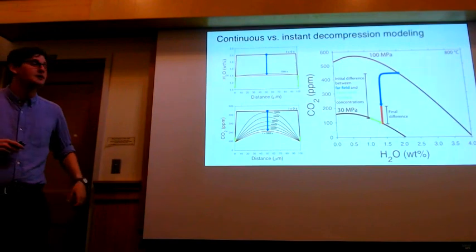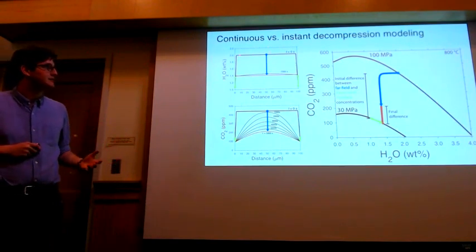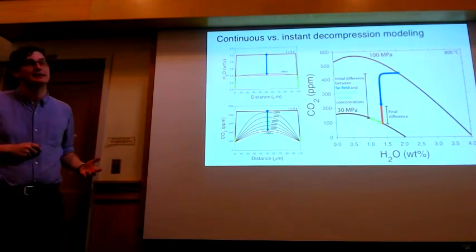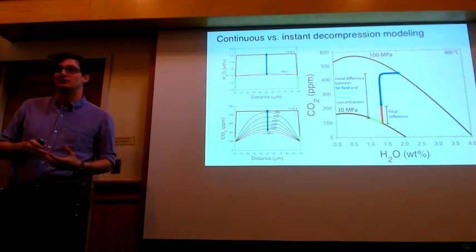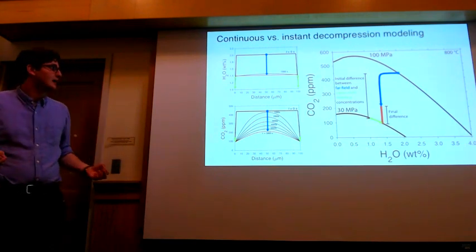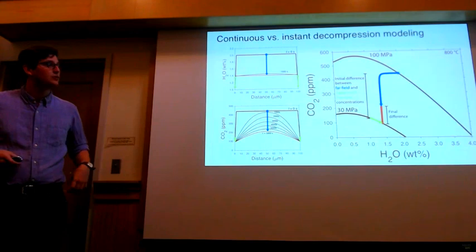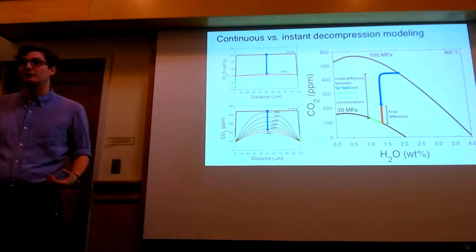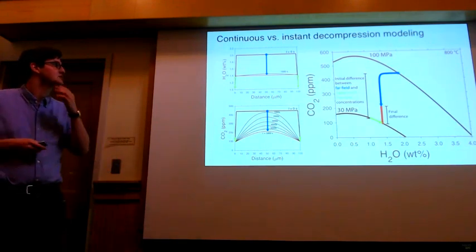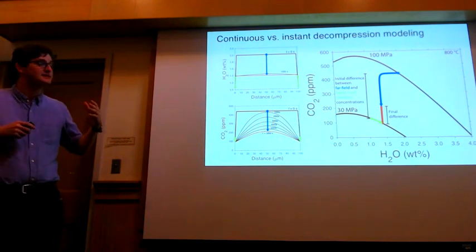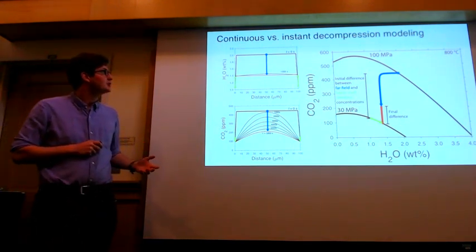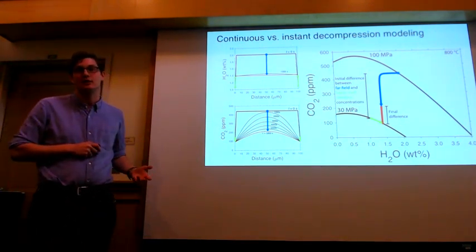So with instantaneous decompression, at the first time step, we have this huge valley here, where you've reduced the concentration right next to your bubble to that final concentration, or close to it. With continuous decompression, this will be continuously moving downwards while you're also diffusing.